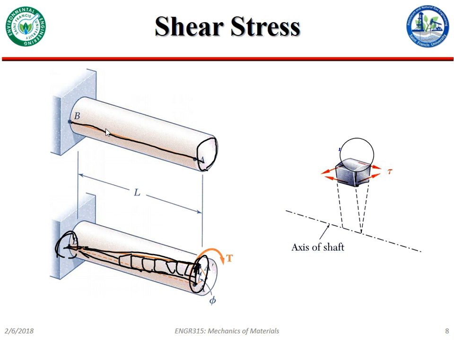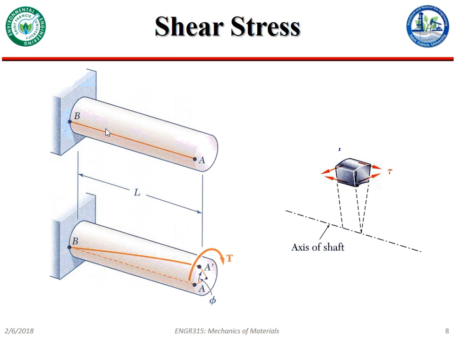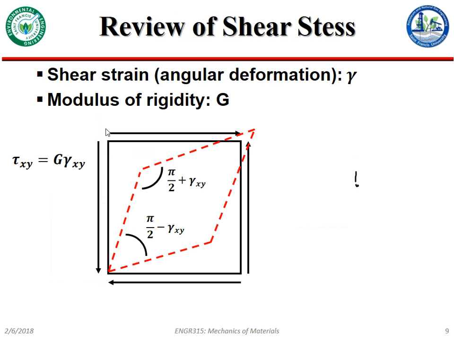So based on that, we can try to find stress. This should look familiar from last week, when we talked about shear strain and how it's related to shear stress by the modulus of rigidity. We said that shear strain is the angular deformation of a stress element.